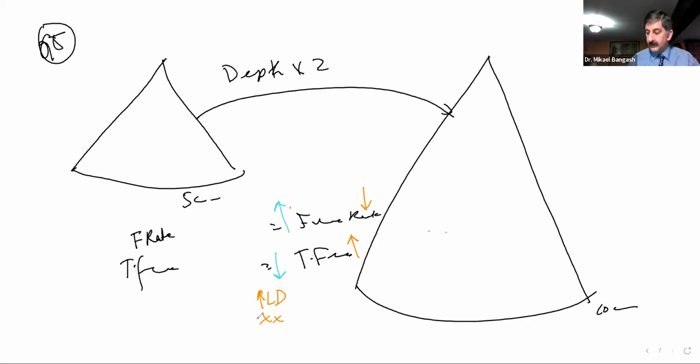Now, what they say is wider sector. Not only did you increase the depth, but you also increased the sector size. That increase in sector is going to cause a further increase in your T frame and a further decrease in the frame rate on top of the increase in depth. So that doesn't make sense either.